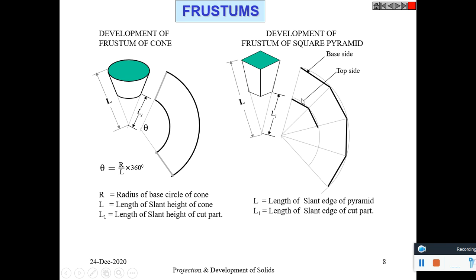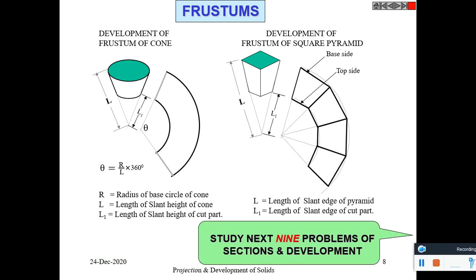This side is the top side. All are straight lines. So this gives the development of the frustum of a square pyramid. And problems are included here.